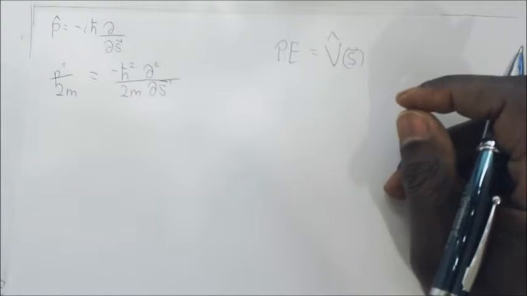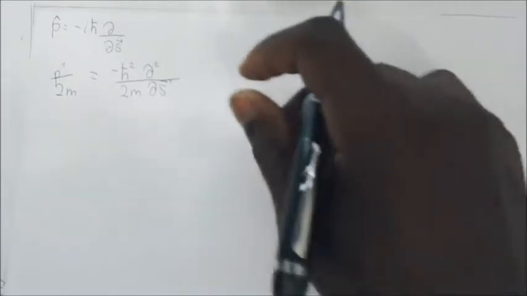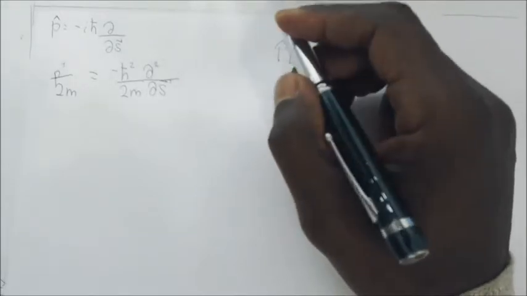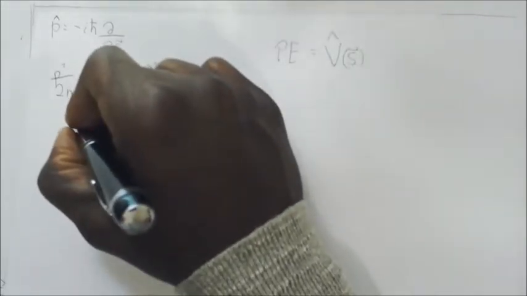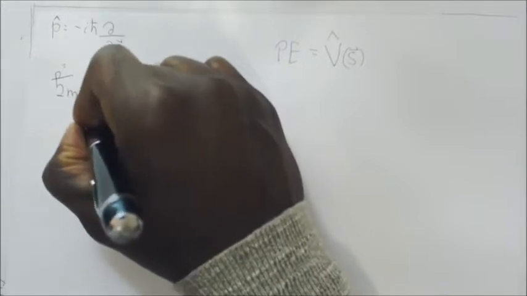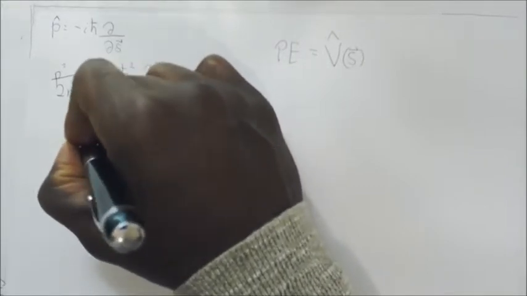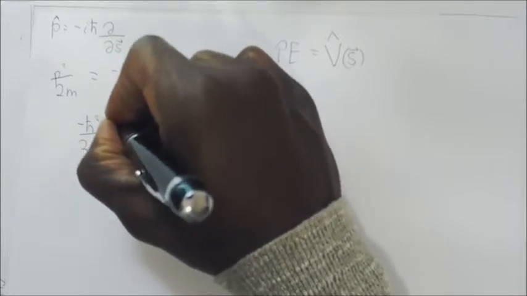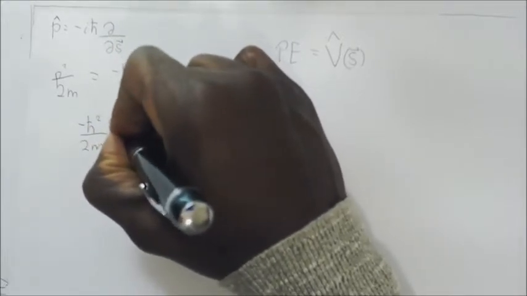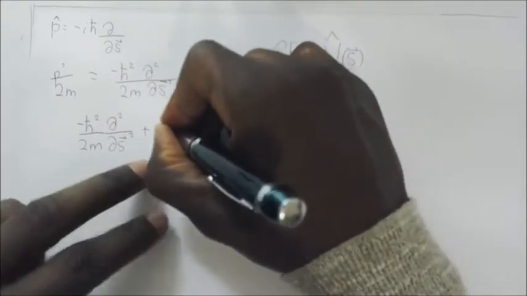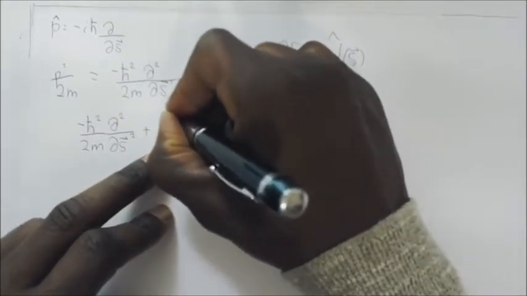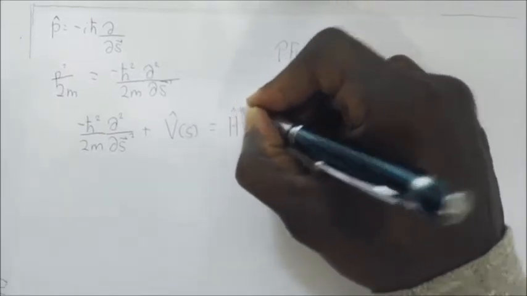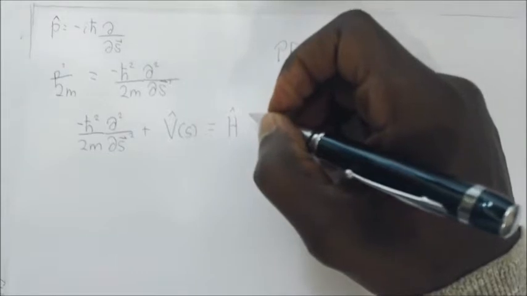we can say then that the Hamiltonian is the potential energy plus the kinetic energy, in which case we can say minus h bar squared over 2m times the second partial derivative d squared over ds squared plus V of s, which is the potential, is equal to H, the Hamiltonian.